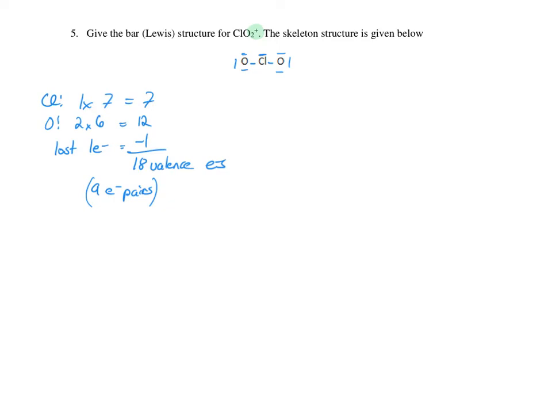We're going to look at the chlorine atom. We see it has 3 electron pairs. We remind ourselves that bonding electrons count towards the octet of each atom that's involved in the bond. So we have 2, 4, 6 electrons that count towards the octet of the chlorine atom.